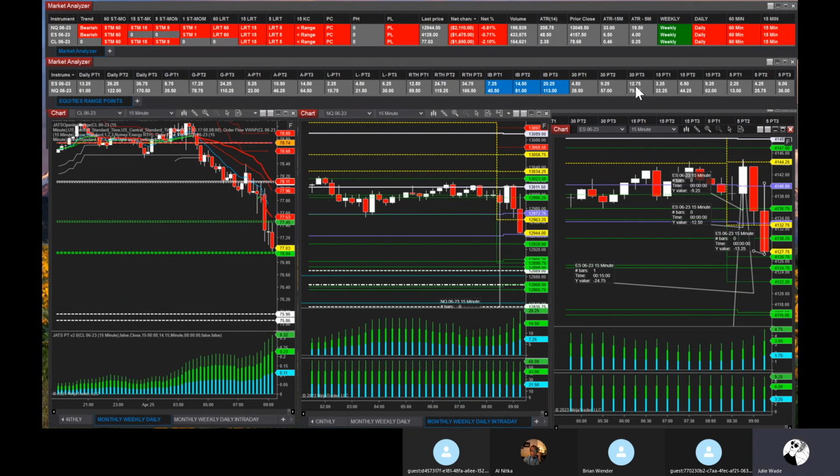So it exceeded the range by a couple of ticks. So we've broken the range a little bit. Now they've stopped it to hit the normal range.